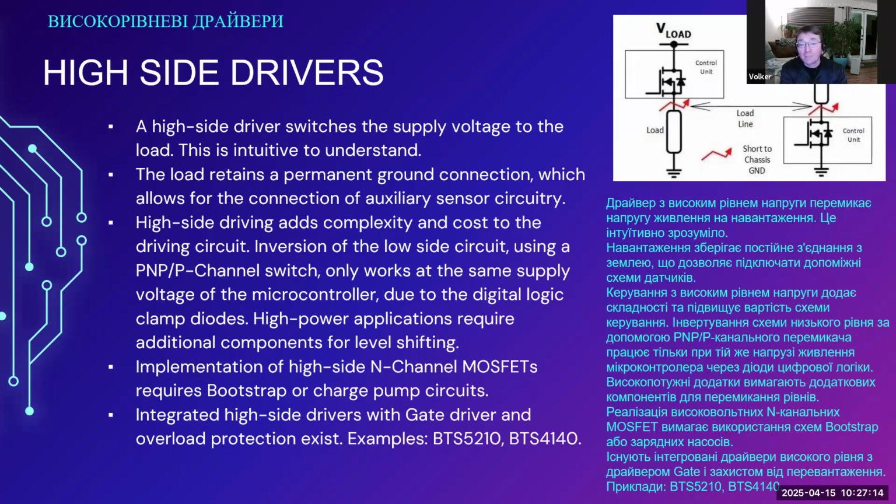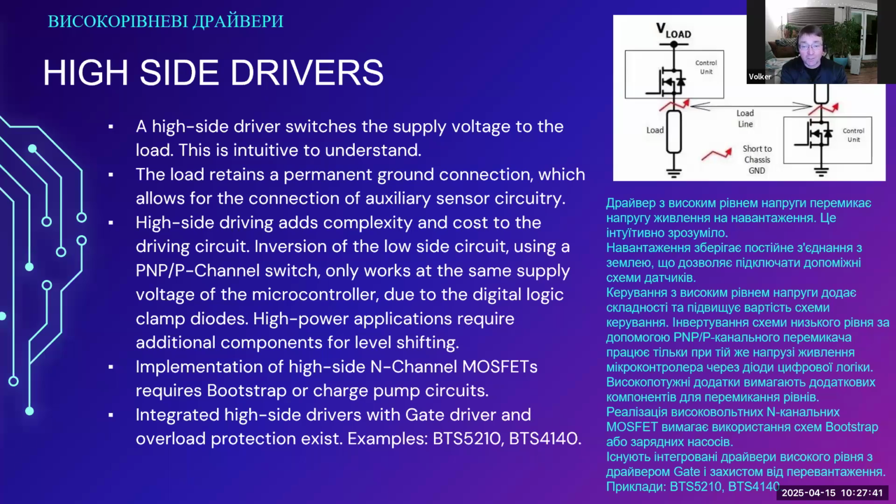If you tried hooking up a PNP transistor or a P-channel MOSFET to the supply voltage and then driving it directly from the microcontroller, you can't do that either because the microcontroller is a digital device. It's a digital logic device. In all cases nowadays, it is a MOSFET device. It has those two diodes.